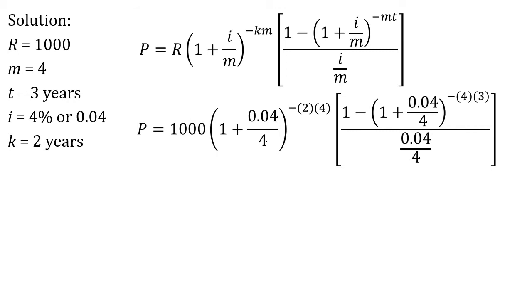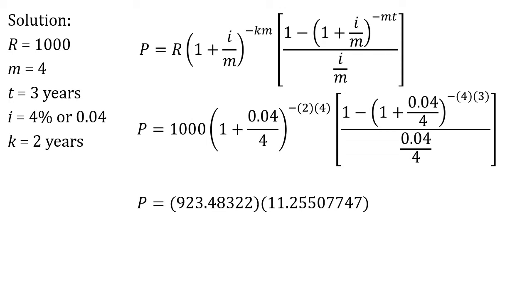So you'll get this. So the first thing to do is to get the result of the first part, 1,000 times 1 plus 0.04 over 4 raised to negative 2 times 4, which is 923.48322. Then get the result of the items inside the bracket, 1 minus 1 plus 0.04 over 4 raised to negative 4 times 3 divided by 0.04 over 4.